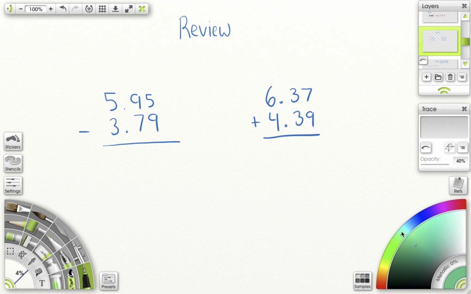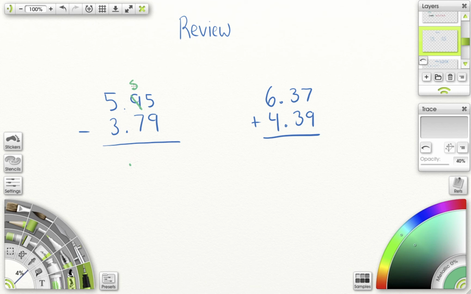All right, so we have $5.95 minus $3.79. So our decimals are already lined up, so all I'm going to do is just move a decimal down here, so I already know it's going to be there, and now I just subtract as normal. So I do 5 minus 9, can't do that, so I have to borrow.